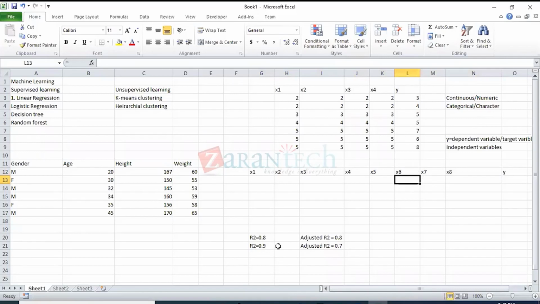If you see that there are junk variables in your model, you have to remove them, and there are many ways to identify which are the junk variables. You should remove all the variables that are not adding any value to your model. Okay, is it clear?